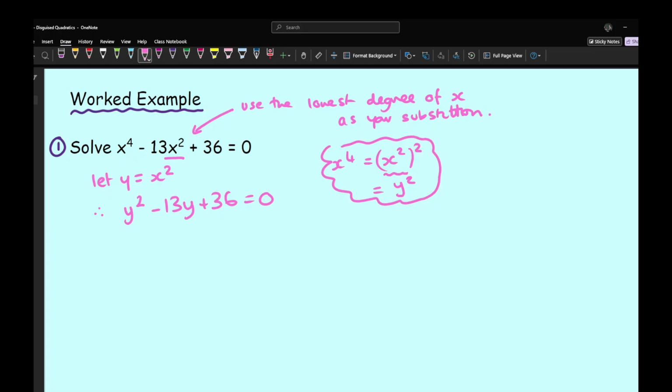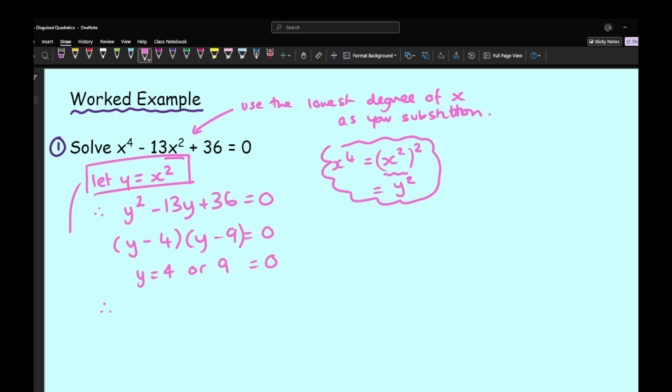We now solve this quadratic, and does it factorize? Yes it does. So we've got (y - 4)(y - 9) = 0, and then we solve it for y, in which y = 4 or 9, and then what we do is substitute our x back in.